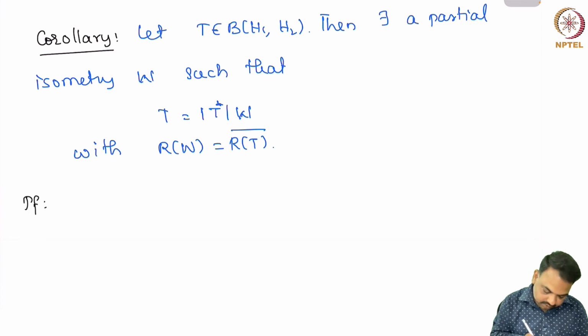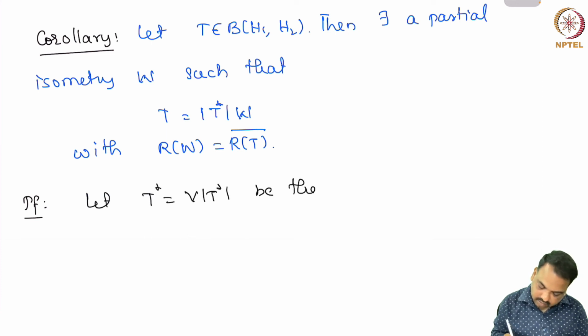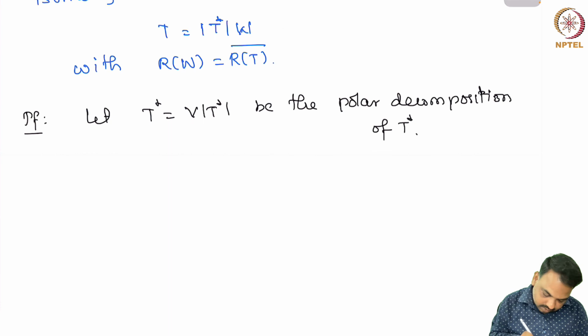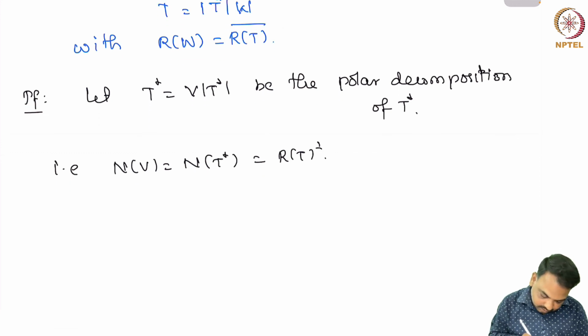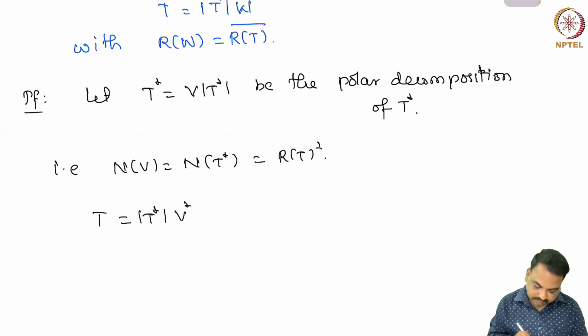You write the polar decomposition for T*. Let T* = V |T*| be the polar decomposition of T*. So that means we have null space of V equal to null space of T*. This is nothing but range of T perp. So we have also T equal to |T*| V*.